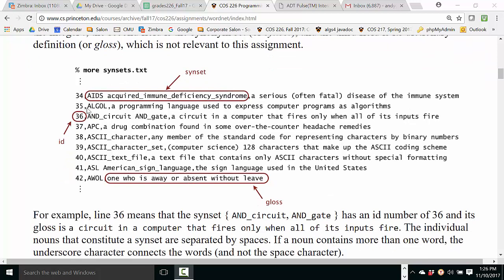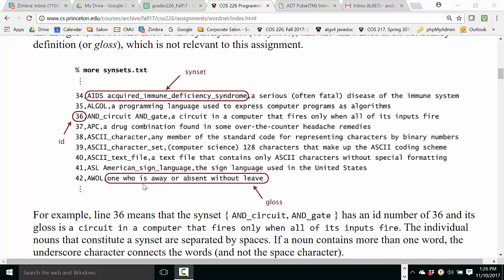So what you need to do is read this file, tokenize it by the comma first, and then tokenize by the space to get the nouns. Essentially, as you read this, you can build a map between the IDs and the nouns for that ID. So you have one map where the keys are the IDs, and then the nouns and so on.